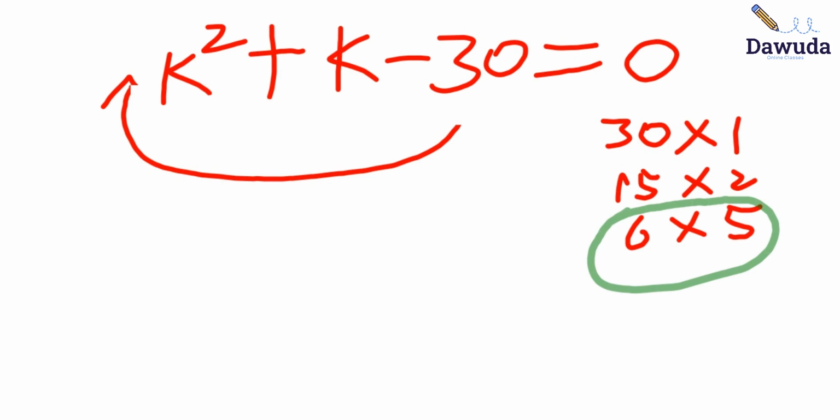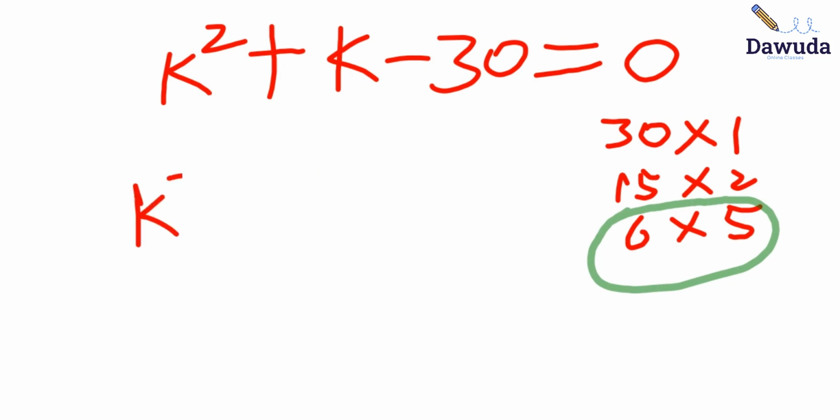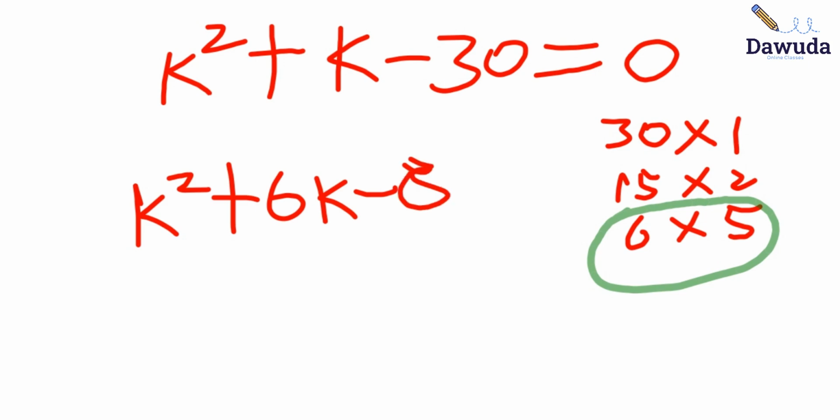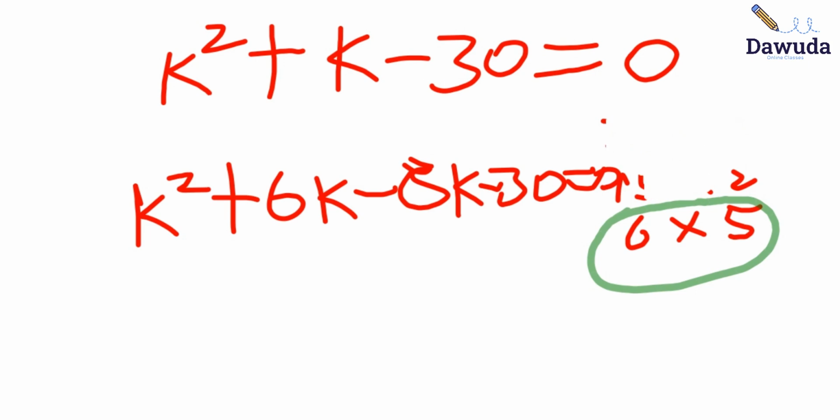We will now have k squared plus 6k, one of the pair of factors, 6 and 5. You consider 6 first: instead of k, you put 6k, and then minus 5k, minus 30, is equal to 0.